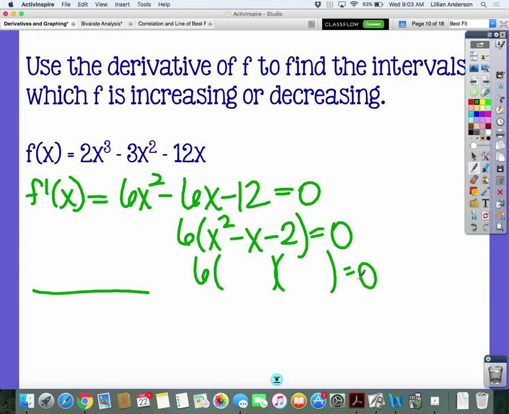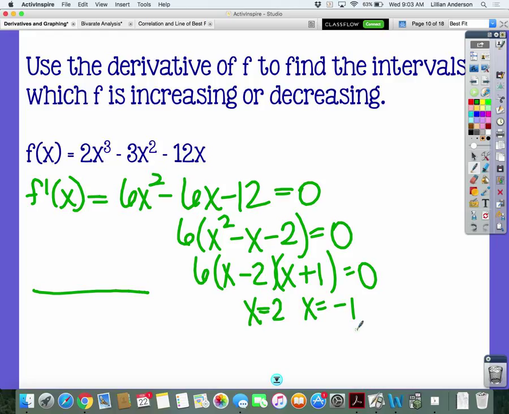A little louder. -2, +1. So we need to solve this, and x equals 2, and x equals -1. Remember, we're not concerned about that outside 1 unless it was like a 6x. Then we'll also have 0 as well. So those right there are our stationary points.